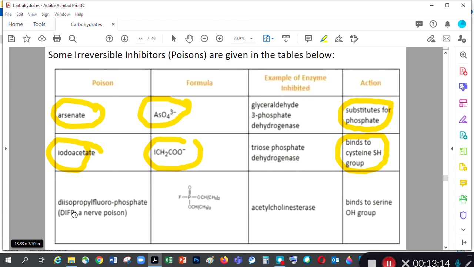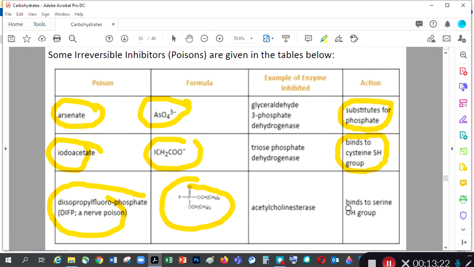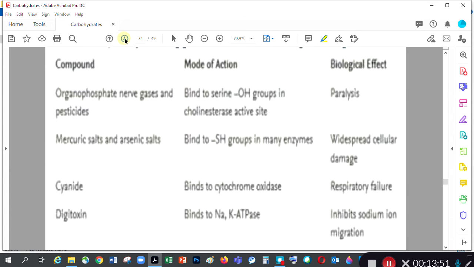And diisopropyl fluorophosphate, this is the structure of it, and this binds to the serine OH group. So they bind to the polar groups, like thiol and OH groups, correct? And therefore you'll see that they are really poisons, and they will be part of the enzyme, and the enzyme cannot get rid of them, and the enzyme is said to be deactivated or destroyed.